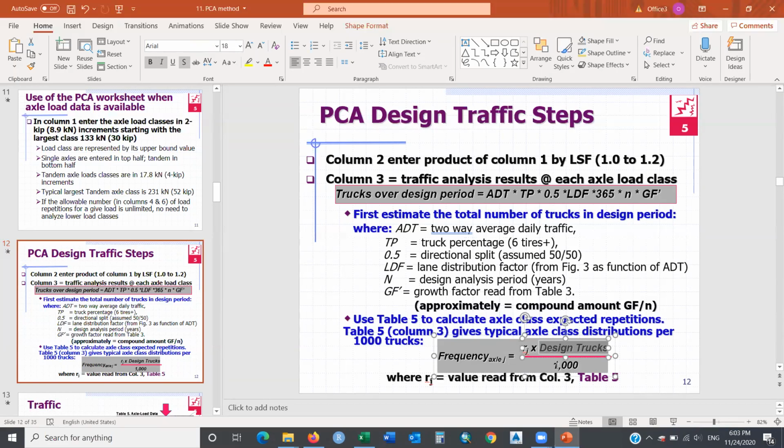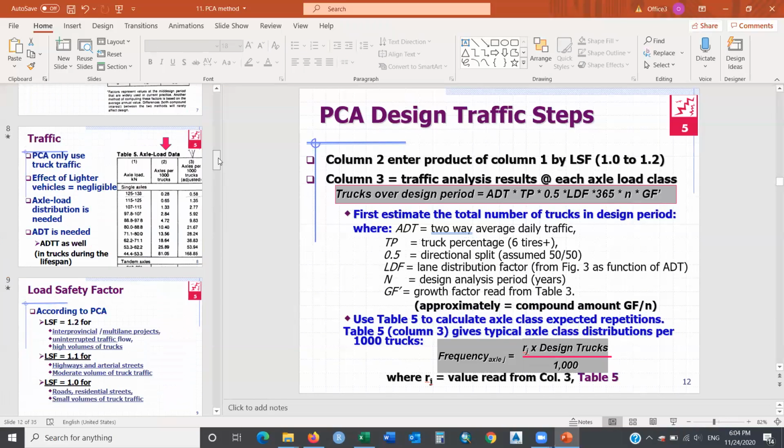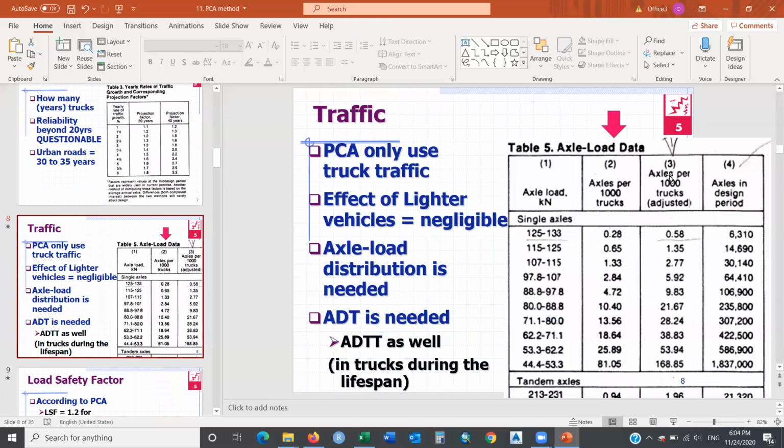You divide them by 1,000 so that you have design trucks on the design lane on the life of the road per 1,000. The per 1,000 is on purpose because this statistic is per 1,000, as you see on column 3. So when you do 0.58, you multiply by the total trucks on the design lane, on the design life per 1,000.